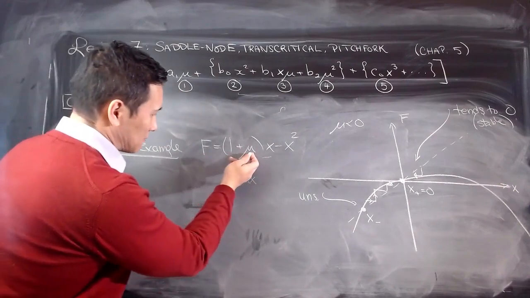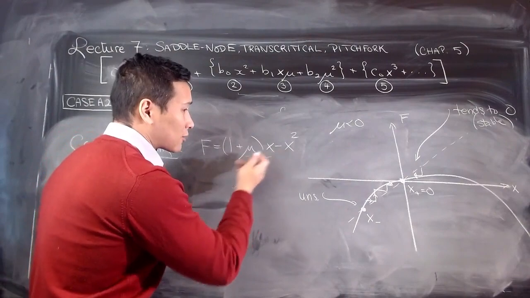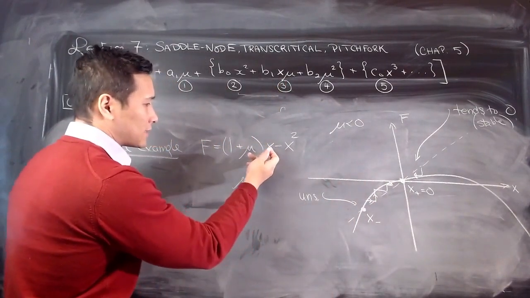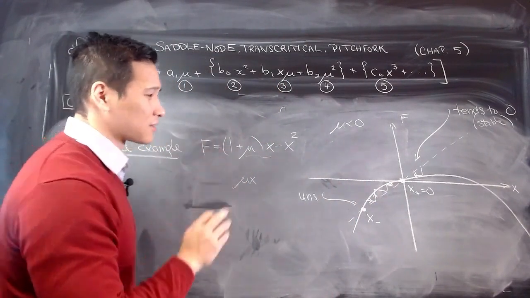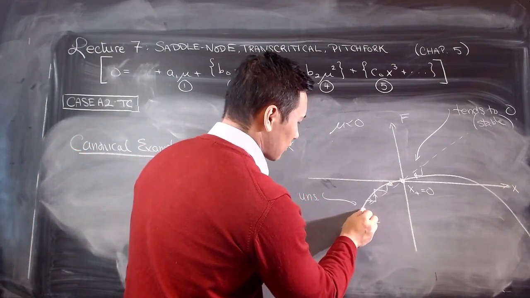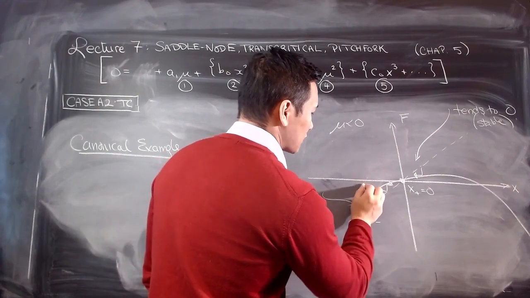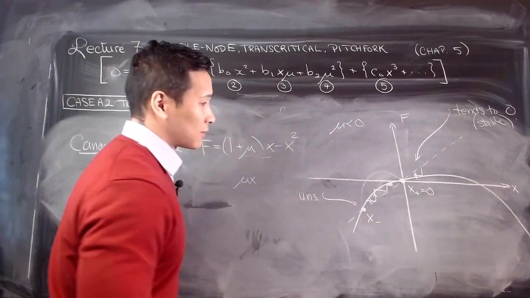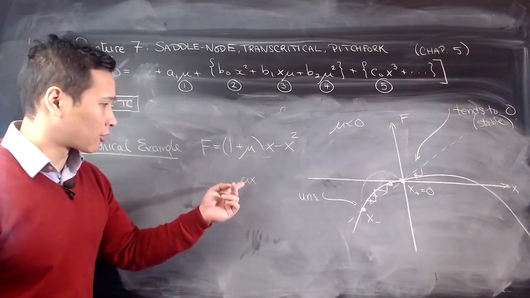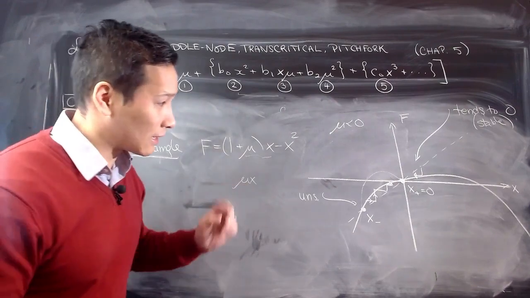I know this because mu will be bigger than 1 in magnitude, and I know that x squared near the origin is going to be dominated by this, I think. It's a guess. So I think what's going to happen is that this graph here will get increasingly steep, and then it's going to come down and intersect this line here like a gradient of mu times x when mu is very negative. That's my guess, you see.